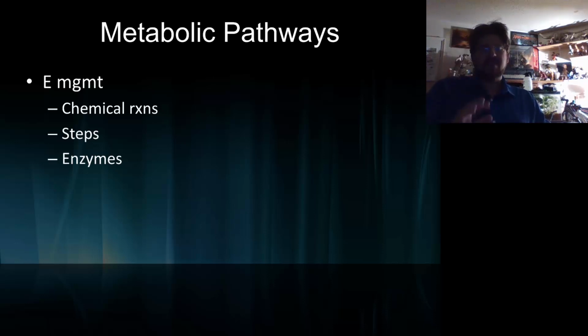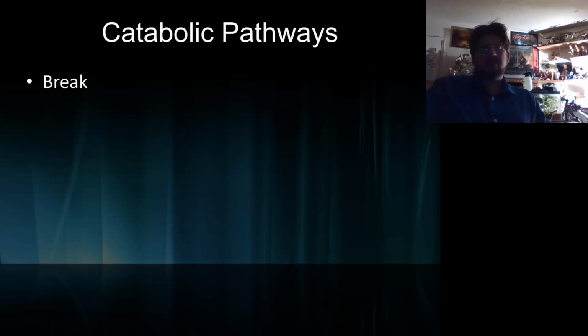And then to minimize the amount of energy that a metabolic pathway costs, we have enzymes. Every single chemical reaction in the metabolic pathway is catalyzed by an enzyme. Catabolic pathways are pathways that usually break molecules. They break bonds.